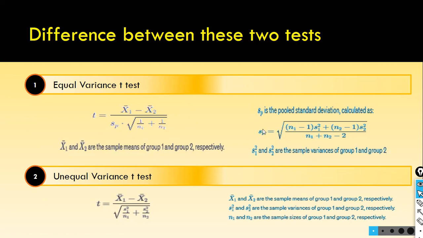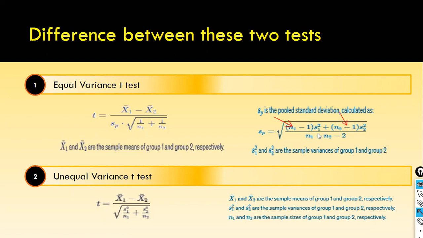Here Sp is the square root of (n1 minus 1) times S1 squared plus (n2 minus 1) times S2 squared, over n1 plus n2 minus 2. If you subtract 1 from your sample size, that is your degrees of freedom: sample 1's degrees of freedom, sample 2's degrees of freedom.